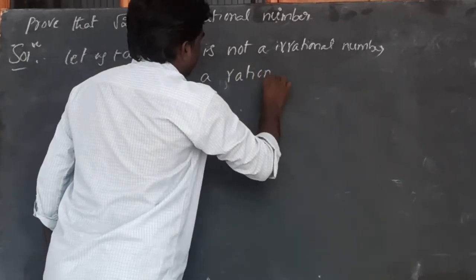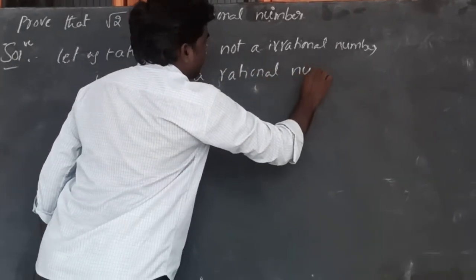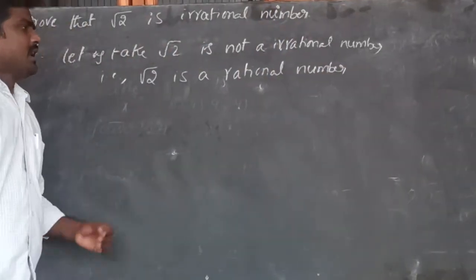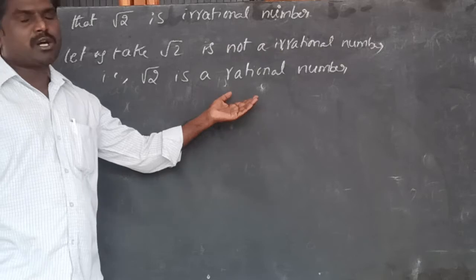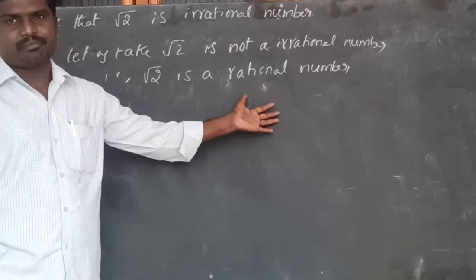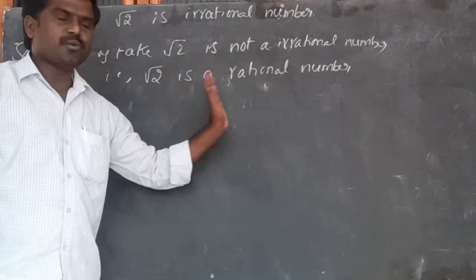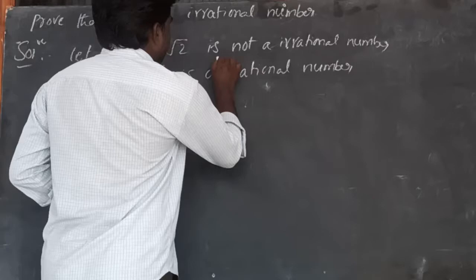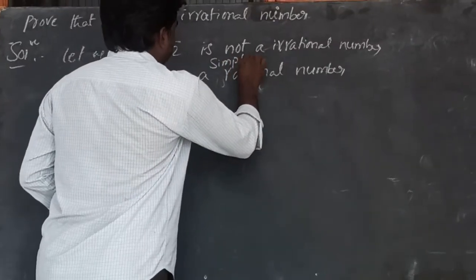Which rational number? Simple rational number. So what is called a simple rational number? A number which is in the form of p by q, where p and q are co-primes, and q is not equal to 0. Okay, so root 2 is a simple rational number.